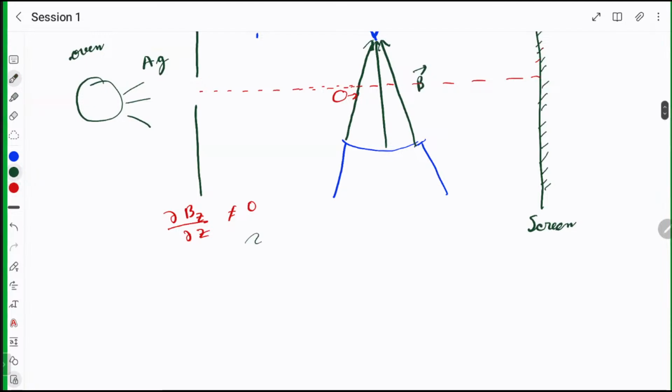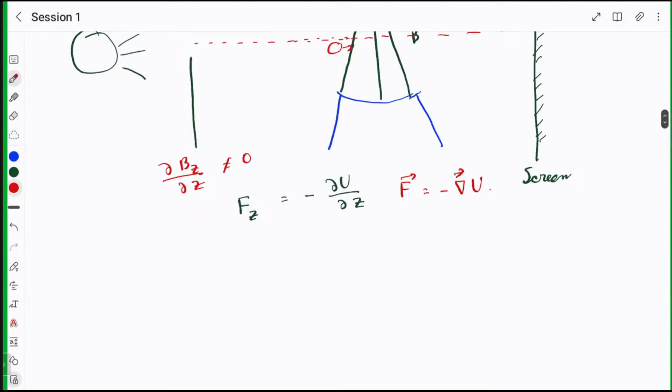So if we write that, it would be nothing but the derivative of the potential energy with respect to z, because the force vector is the gradient of the potential energy.